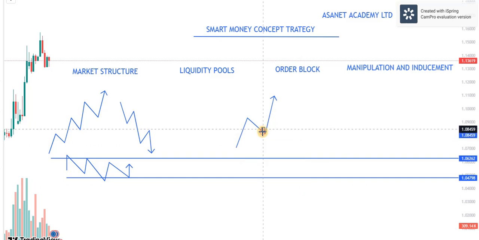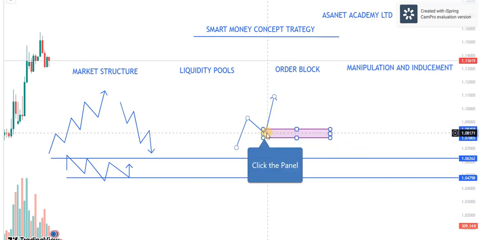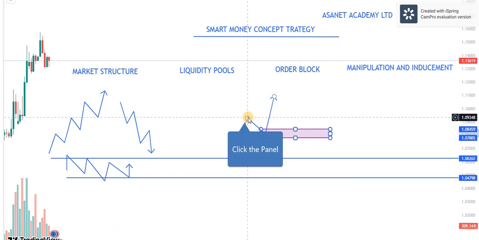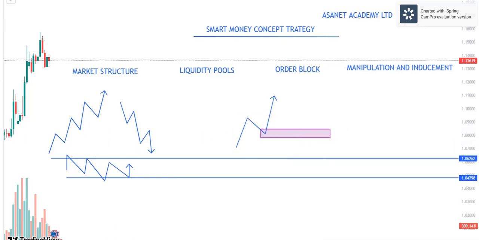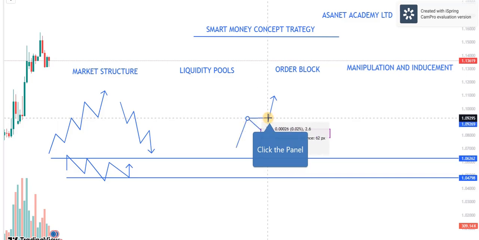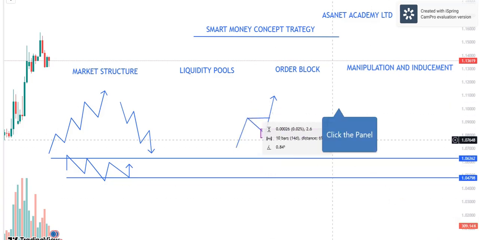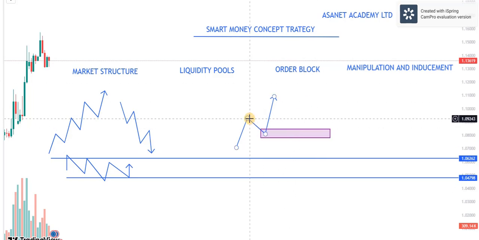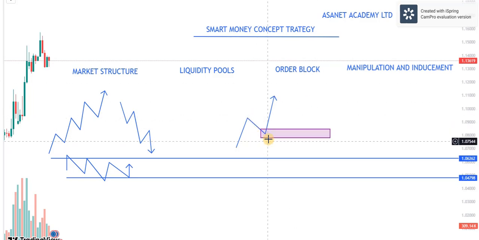This zone that broke this high is responsible for breaking this high. You check whether there is an order block there. I will still show you how to identify an order block.